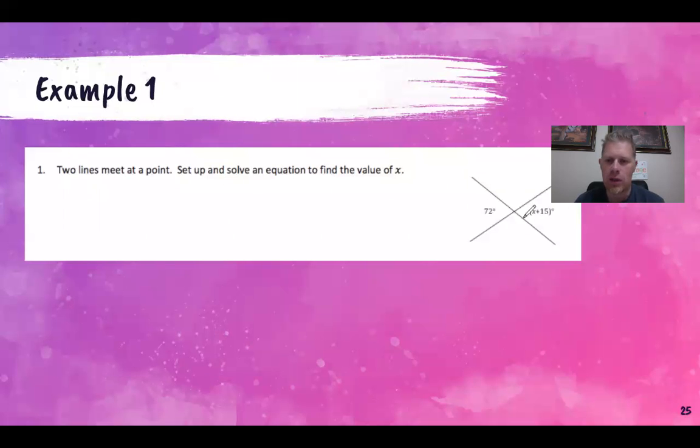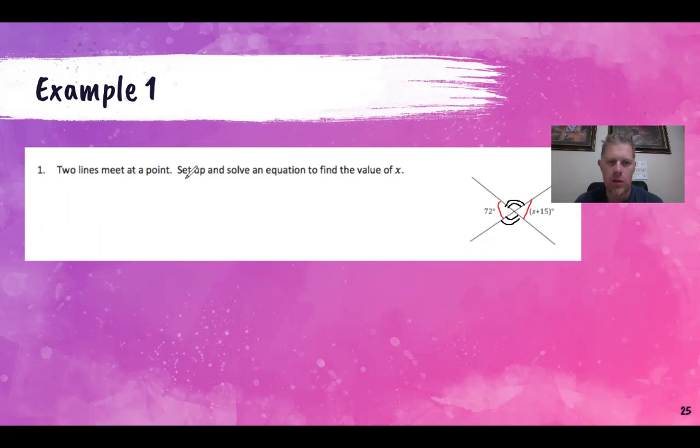Usually they should say that in every problem. If two lines meet at a point, then we know for sure that the angles opposite each other are congruent, which means these are equal to each other. I mean, we know that this one and this one are going to be equal to each other.